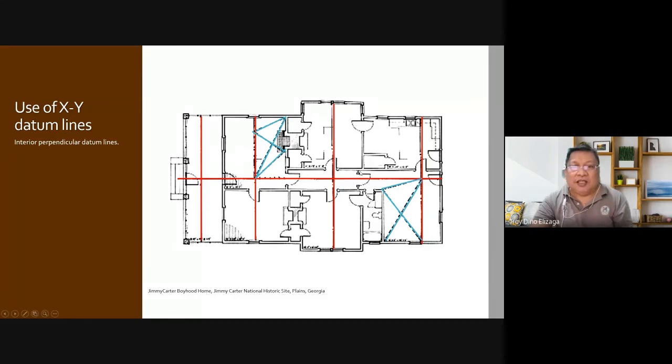Then from all of these red lines, you put in markings again, like a ruler, and make triangulations. I hope you know how to make use of the Pythagorean theorem, so there's a little math involved. With this, you can make the measurements inside.